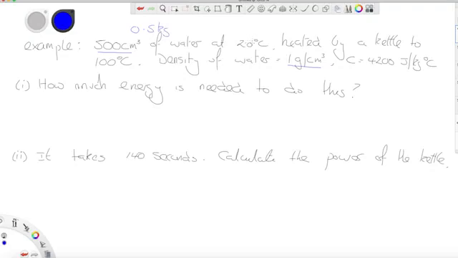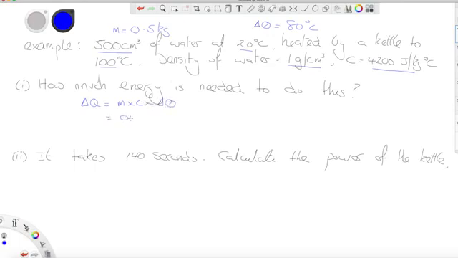We have a change of temperature, starts at 20, ends up at 100. So those two tell us that our change in temperature is 80 degrees C. That's our mass. And here we have our C. So if we use our symbols, the energy is the mass times the specific heat capacity times the change in temperature.